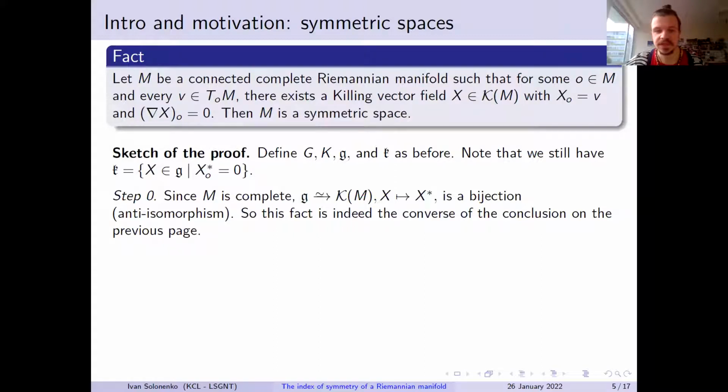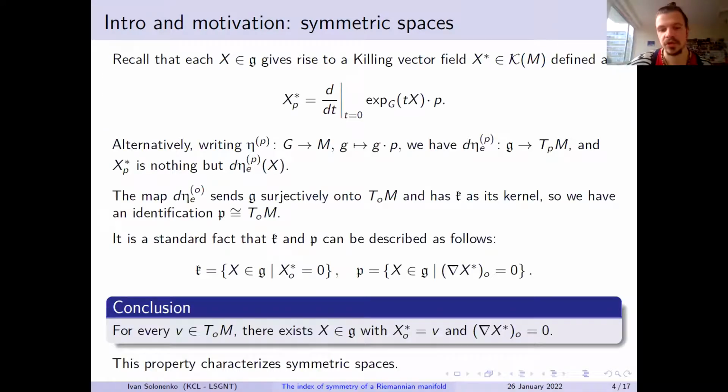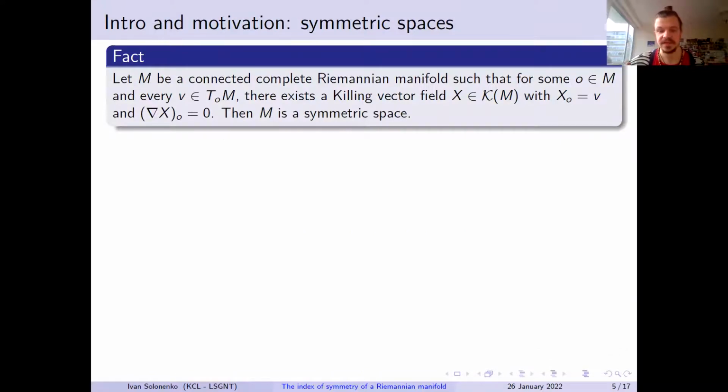And step 0 is that because M is complete, as I already mentioned, G is anti-isomorphic, by means of this map X goes to X star, to the algebra of Killing vector fields. So our fact is indeed the converse of the conclusion on the previous page, because in that conclusion we talked about the existence of elements in G whose corresponding Killing vector field is such that blah, blah, blah, whereas in this fact we say that there exists a Killing vector field X such that blah, blah, blah.